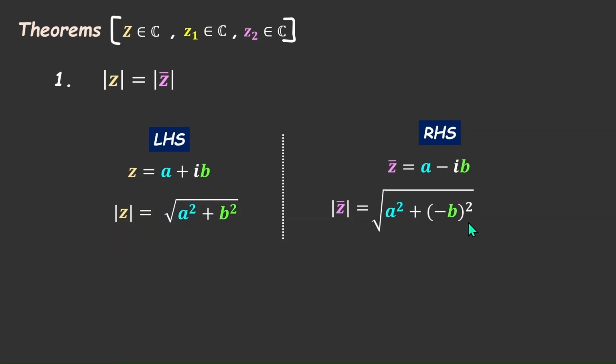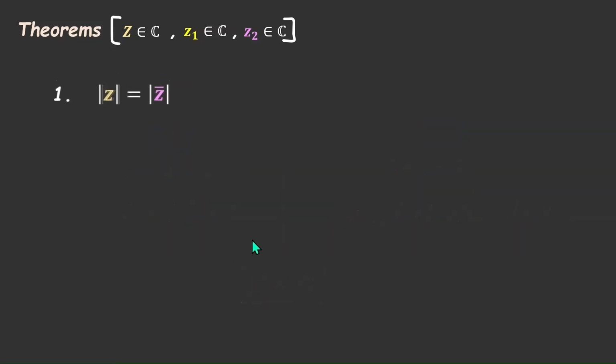But minus b whole square is nothing but b square. So it would be under root a square plus b square. Now that is the same as the modulus of z. So from this we get that LHS is equal to RHS and thus mod of z is equal to mod of conjugate of z. So that is the first theorem.